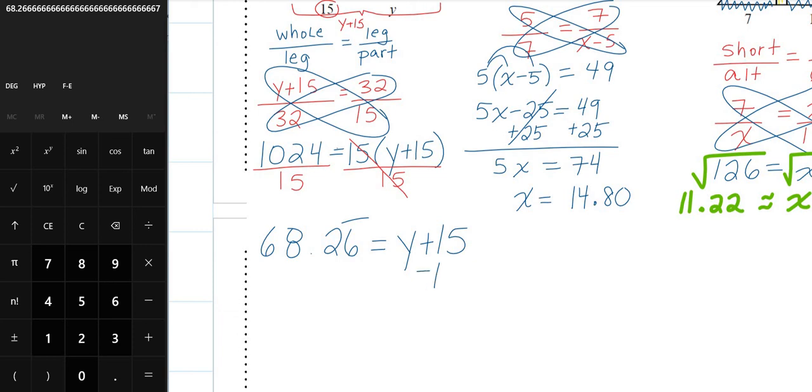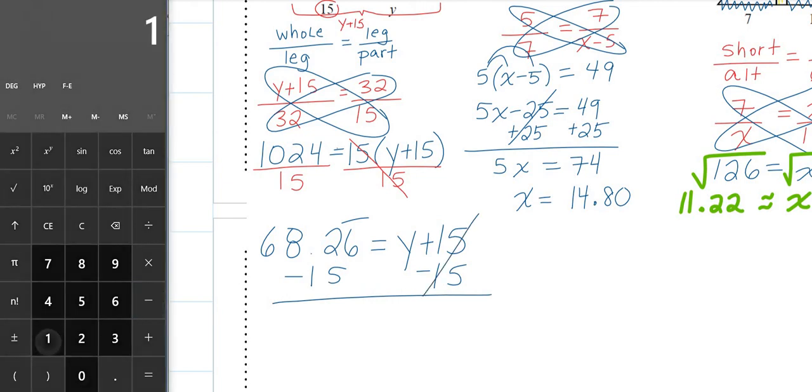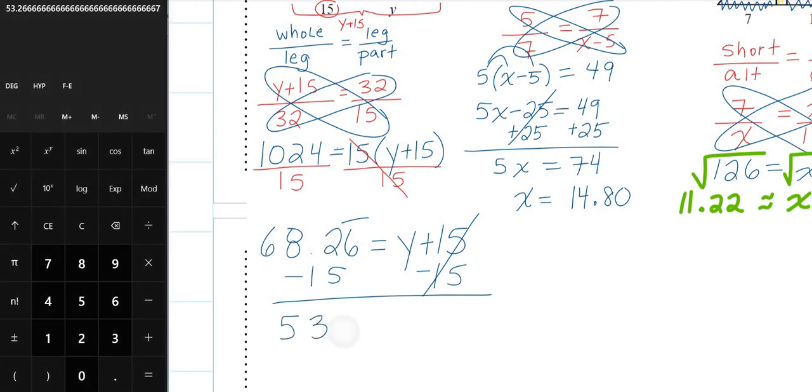I'm going to subtract 15, and luckily it's still in my calculator. So minus 15 equals, so my final answer is going to be 53.26 repeating, but I'm going to round to the nearest hundredth. So it's going to be 53.27 equals y. And that's my final answer for y. That completes page 4. Let's keep it moving.